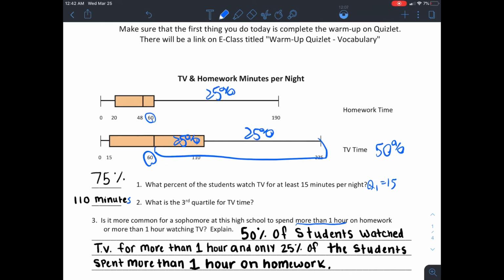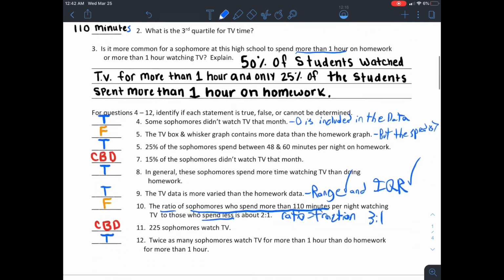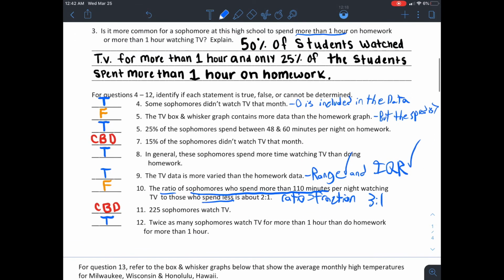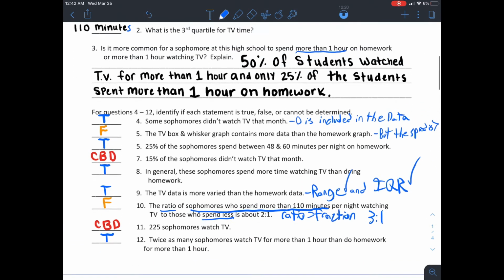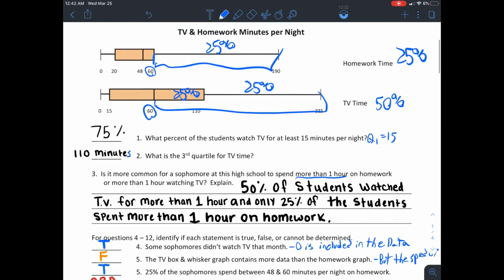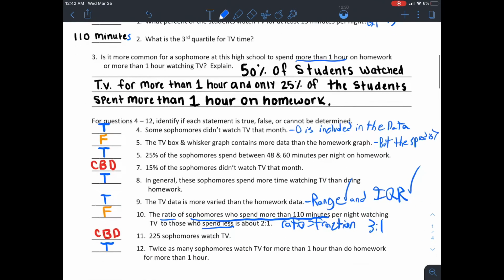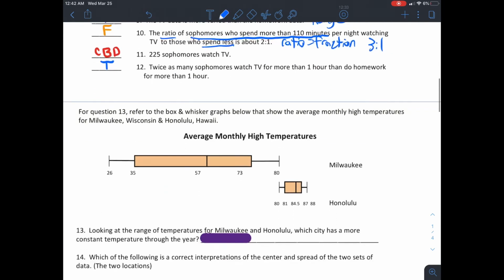We have 25% of students watching TV for more than an hour for homework time. So let's look at our question one last time. Twice as many sophomores watch TV for more than an hour than do homework. Well, guys, 50% is twice as much as 25 because 25 times 2 is 50. So that is true.